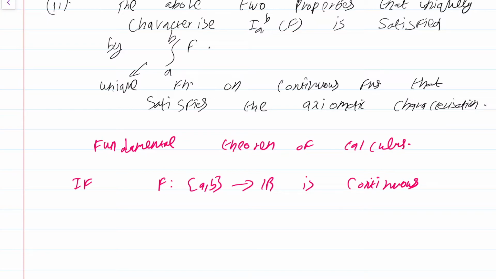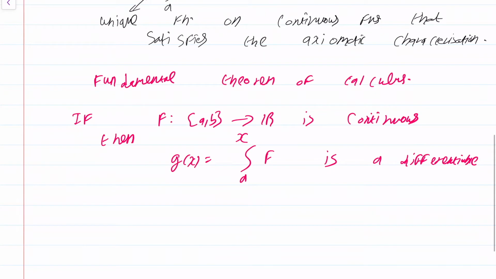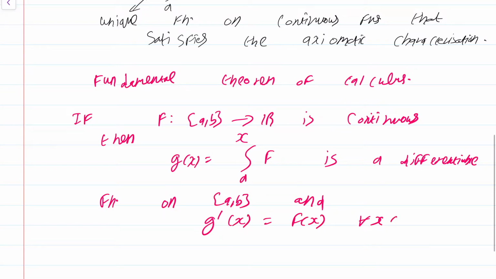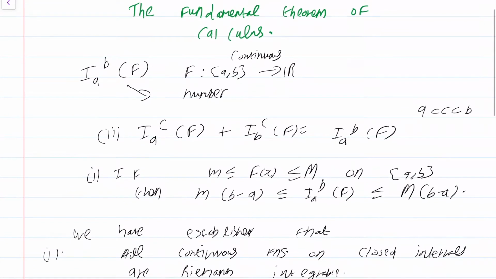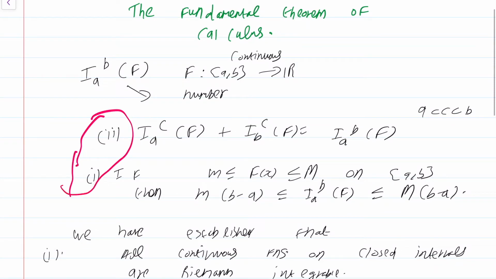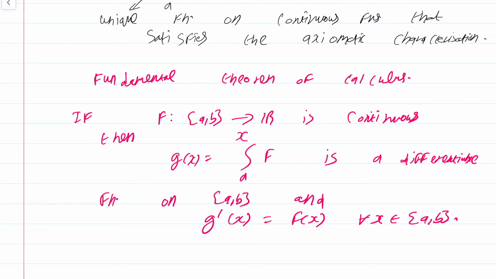If f from AB to R is continuous, then g of x equal to the integral from a to x of f is a differentiable function on the closed interval AB, and g prime of x is nothing but f of x for all x in the closed interval AB. This follows immediately because we have already proved that any I_AB that satisfies these two conditions is automatically going to satisfy the conclusion of the fundamental theorem of calculus. We have already seen that, so this bit is done with zero effort.